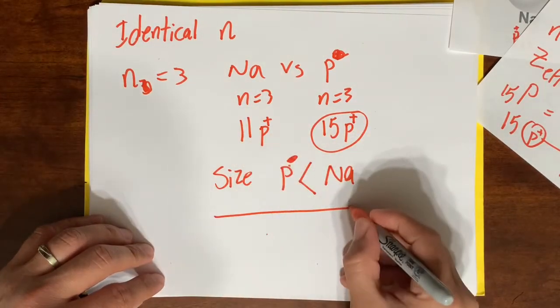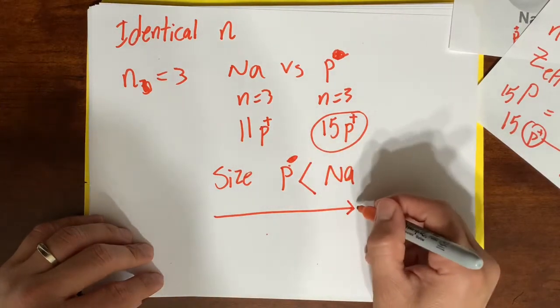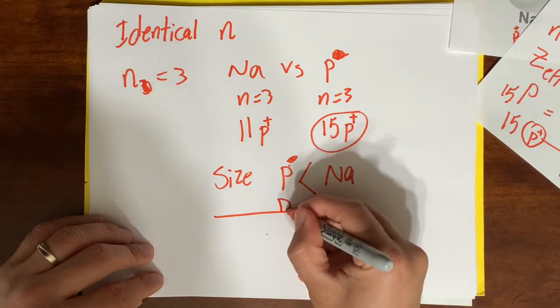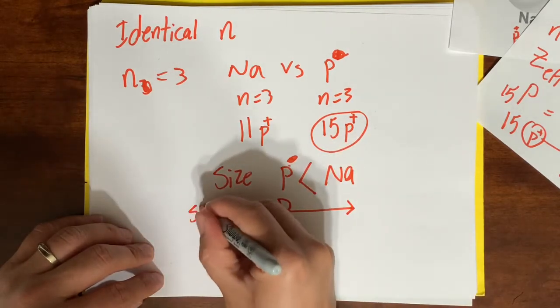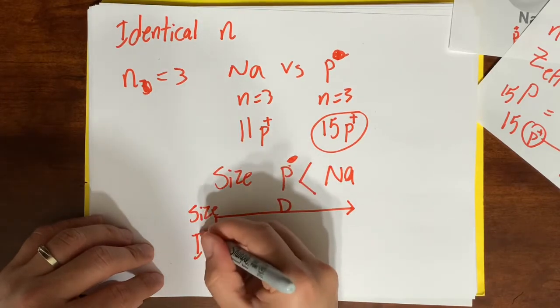So to the right side of the periodic table, because we are increasing the number of protons, size decreases. Down in one group, size increases.